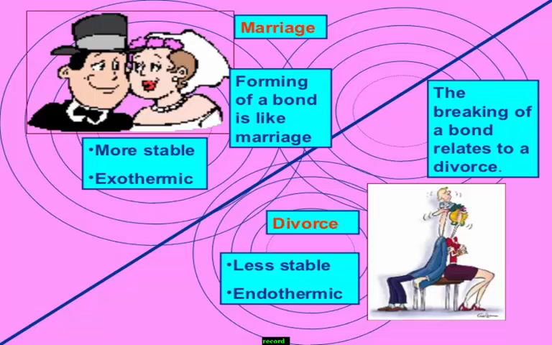But divorce means the breaking of a bond. Divorce shows the breaking of a bond. During this time we are less stable and it becomes endothermic. Is it right? Yes.